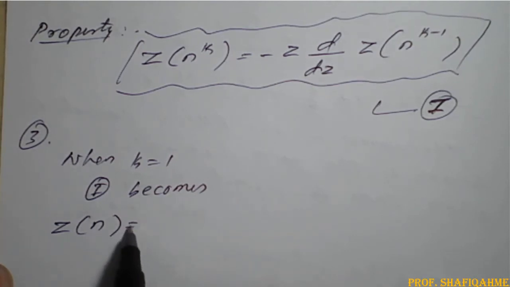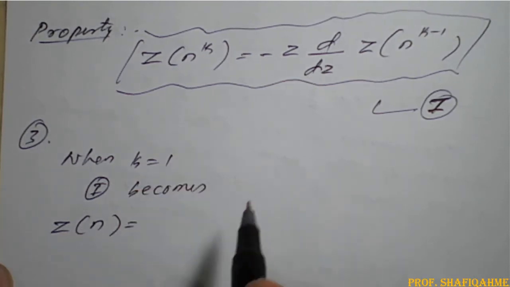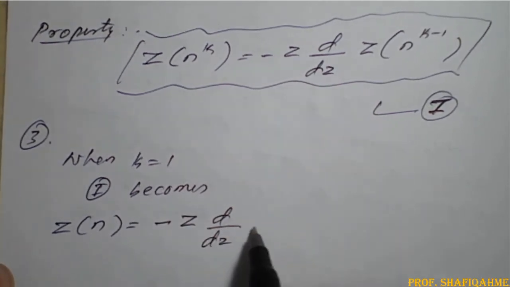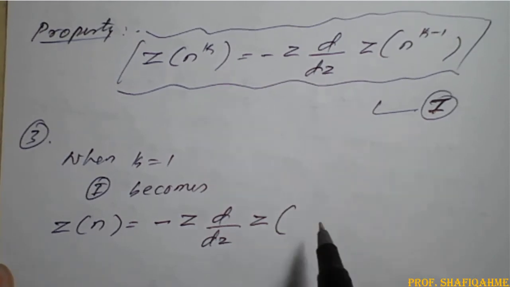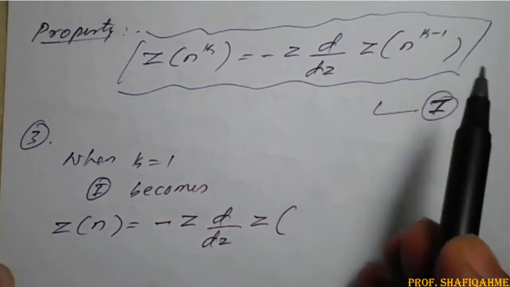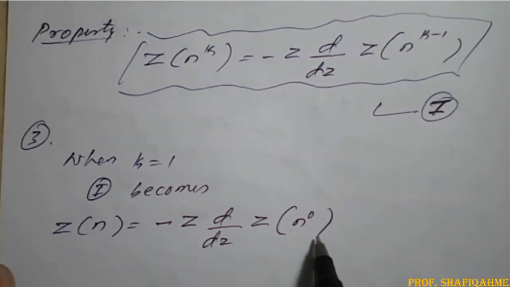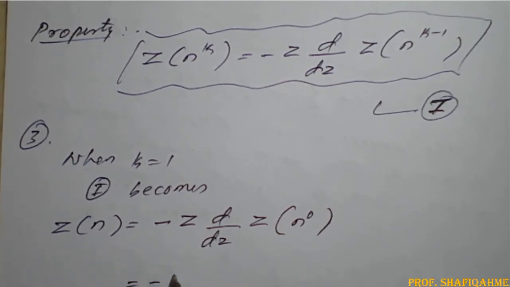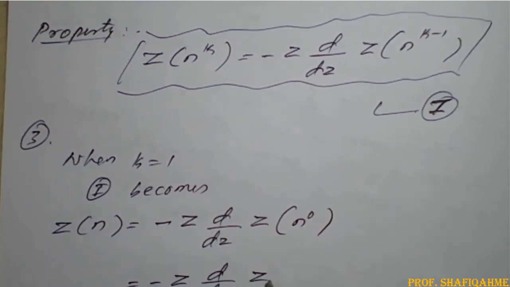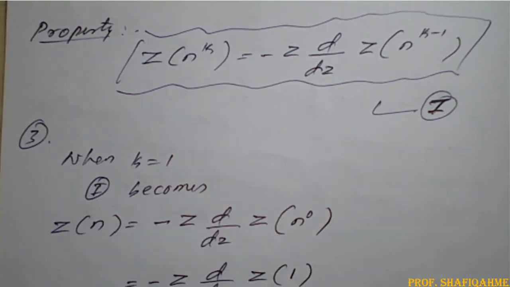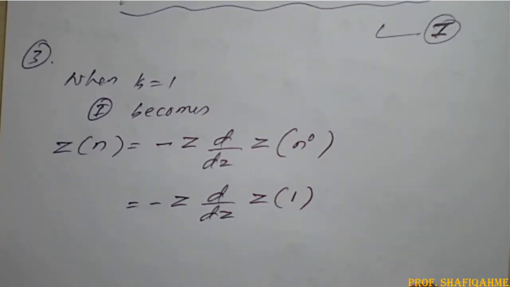So z of n is equal to minus z d by dz of z transform of n raised to k minus 1, that is 1 minus 1, which is n raised to 0. Which is nothing but minus z d by dz of z transform of n raised to 0, and any value raised to 0 is always 1.